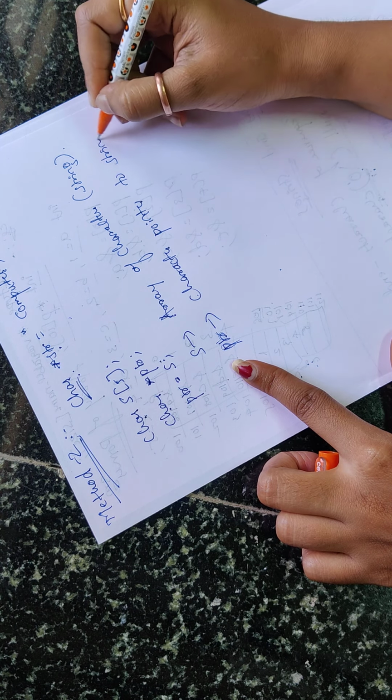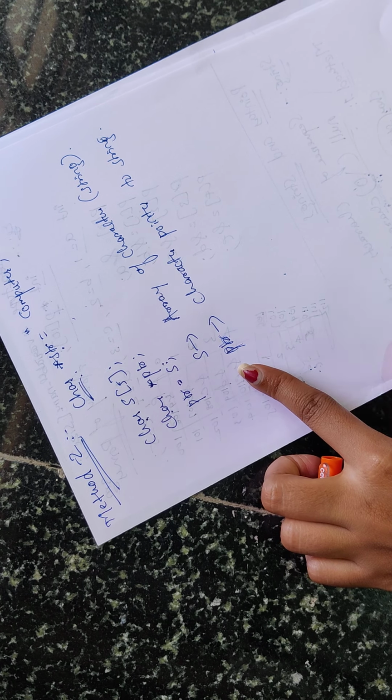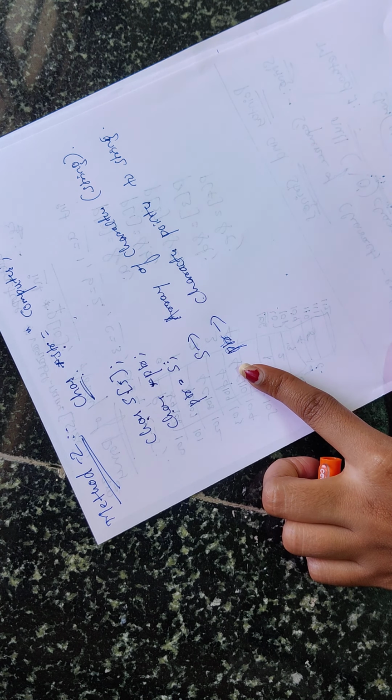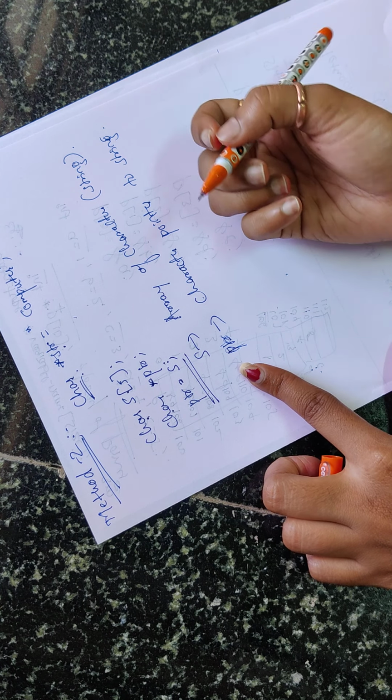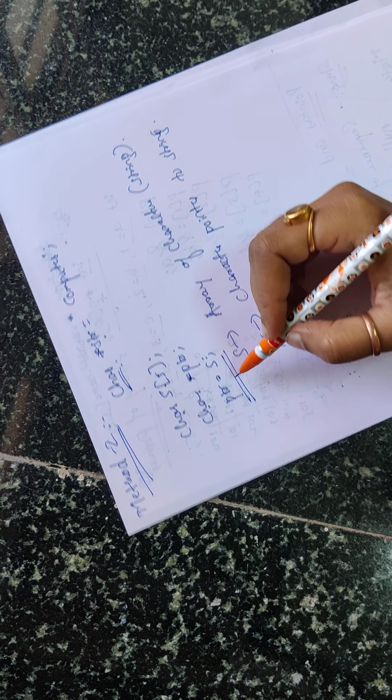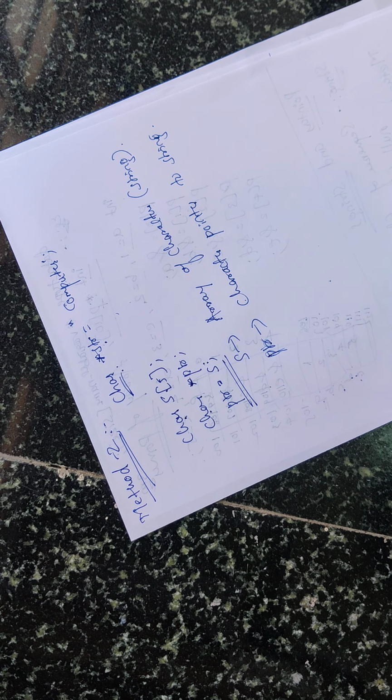So we call it a character pointer to the string. Here s also represents a character pointer to the string, because the third statement we wrote was ptr is equals to s.